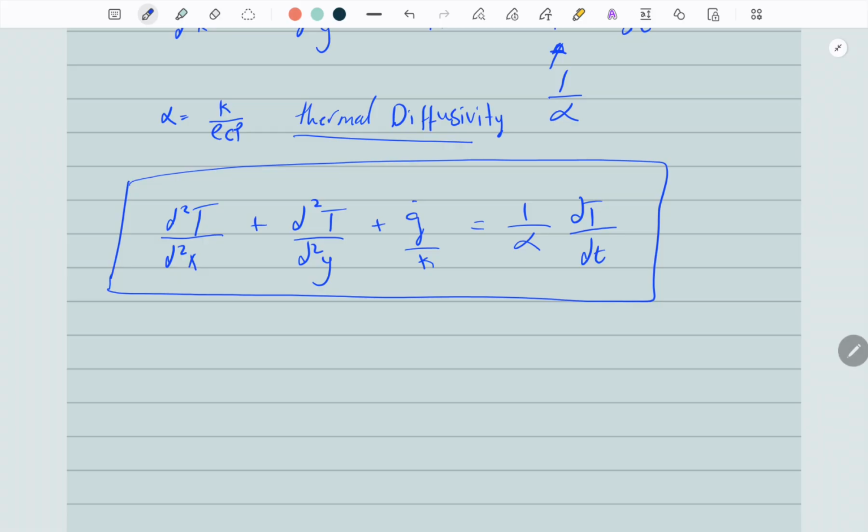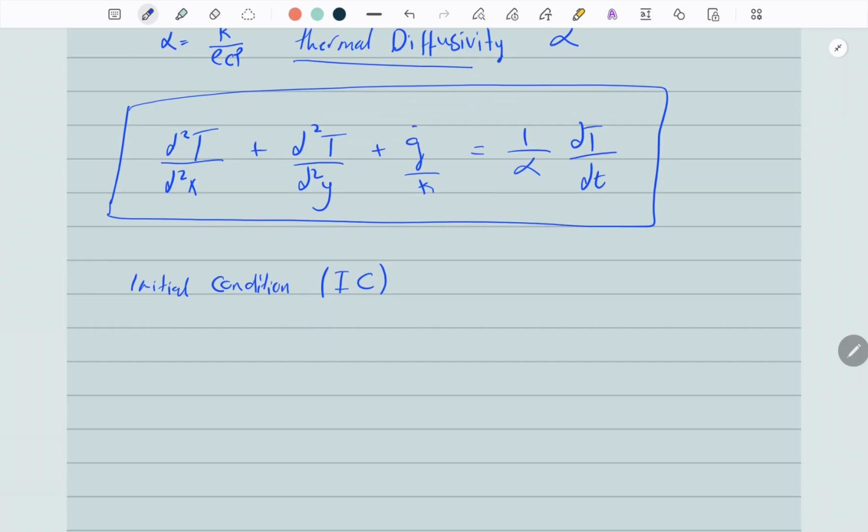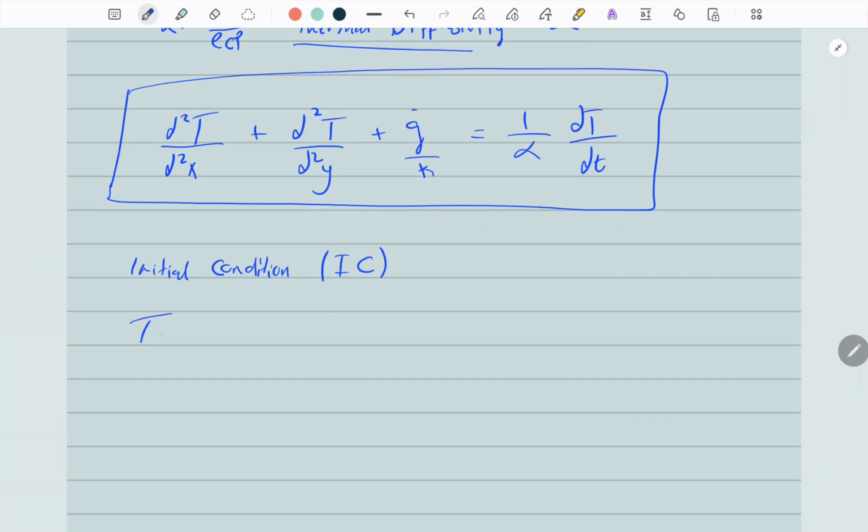So for example, the first initial condition that needs to be considered is when temperature, when x is equal to, when finding the temperature, x could be any x at any point, at any y, and temperature equals 0.